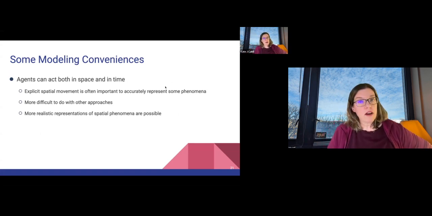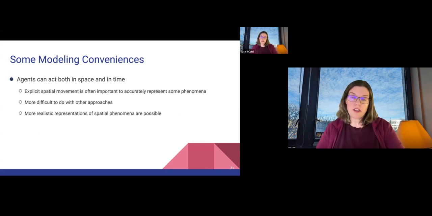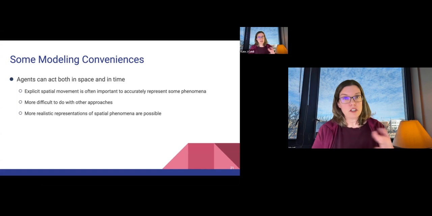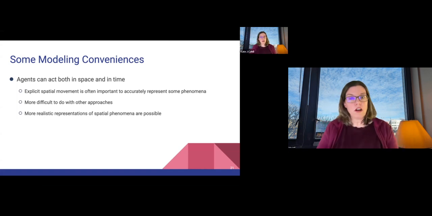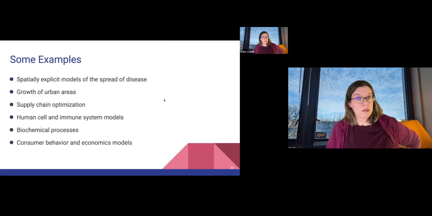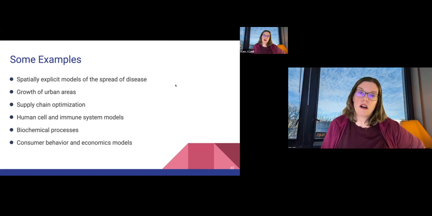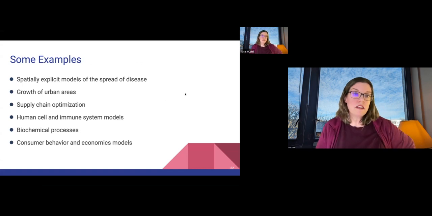And then the other thing about agents is that they're acting both in time and in space. So you can actually define a space for your model and define spatial characteristics that the agents have to move around in. So you can look at systems with also a spatial component. And so some popular types of agent models look at the spread of disease in a spatially explicit way.